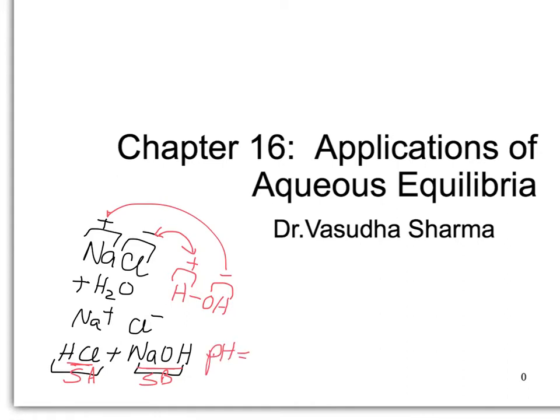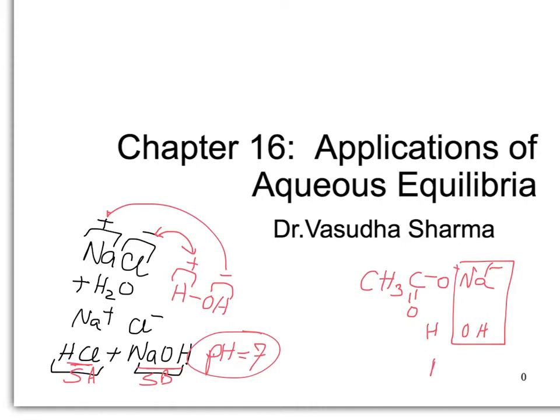On the other hand, if you have something like sodium acetate, again, I'm going to add the HOH, and hopefully you can see that it's made up of sodium hydroxide and acetic acid.